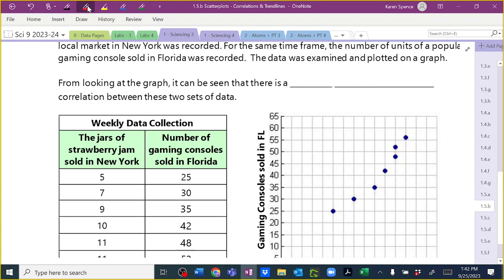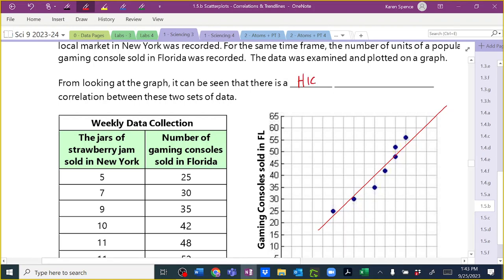Draw your trend line. What do we call this?